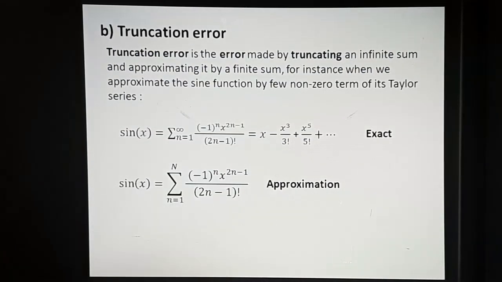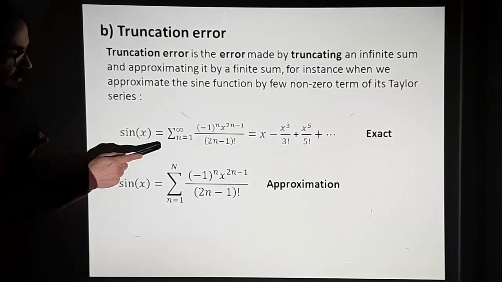Another type of error that can happen during numerical computation is called the truncation error. The truncation error results from the fact that we approximate in general a function by its Taylor series up to an order n.